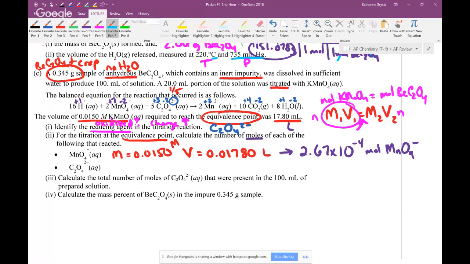Since they only gave you amounts of the KMnO4 to reach equivalence, if you know amounts of MnO4 negative, you can use the mole-to-mole ratio to figure out how much C2O4 actually reacted. So we would do 2 moles of MnO4 negative is 5 moles of C2O4 2-. Oh, okay. So if you know how much MnO4 reacted, the mole-to-mole ratio works to figure out how much of the other one reacted.